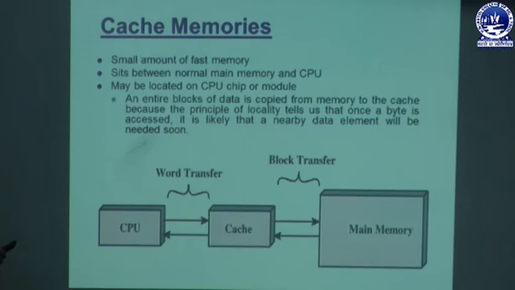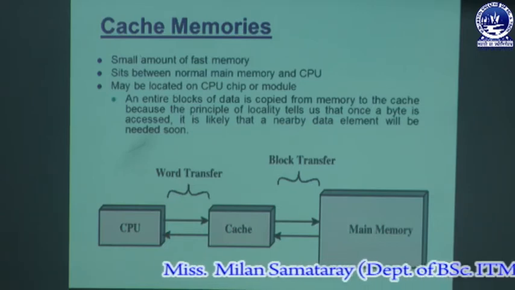So, the accessing time of cache is smaller than the main memory. Okay. You can imagine that the cache memory accessing time is measured approximately in nanoseconds, and the main memory, or other memory like secondary memory, the accessing time is measured in the unit of milliseconds.